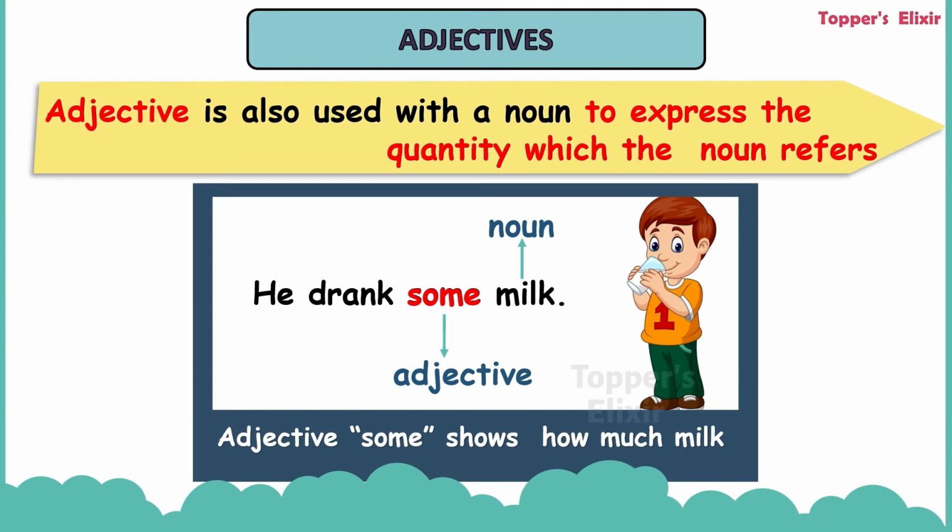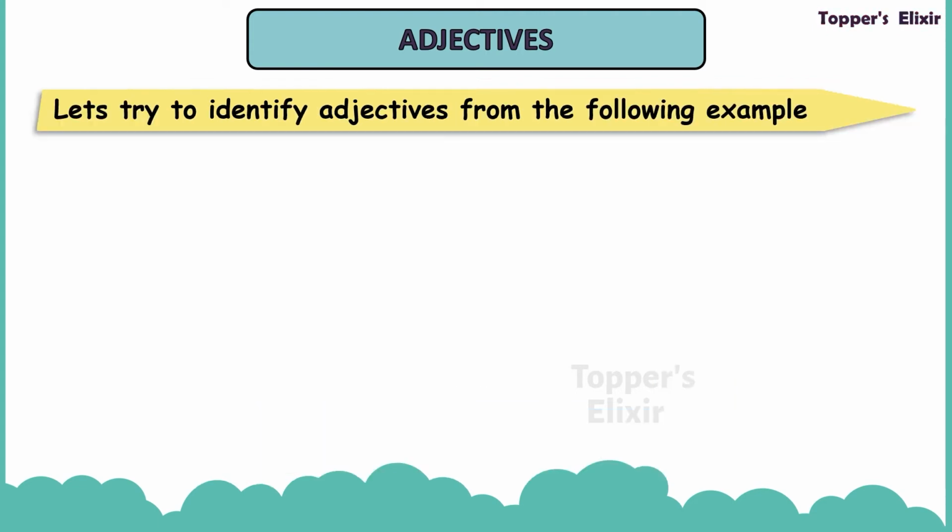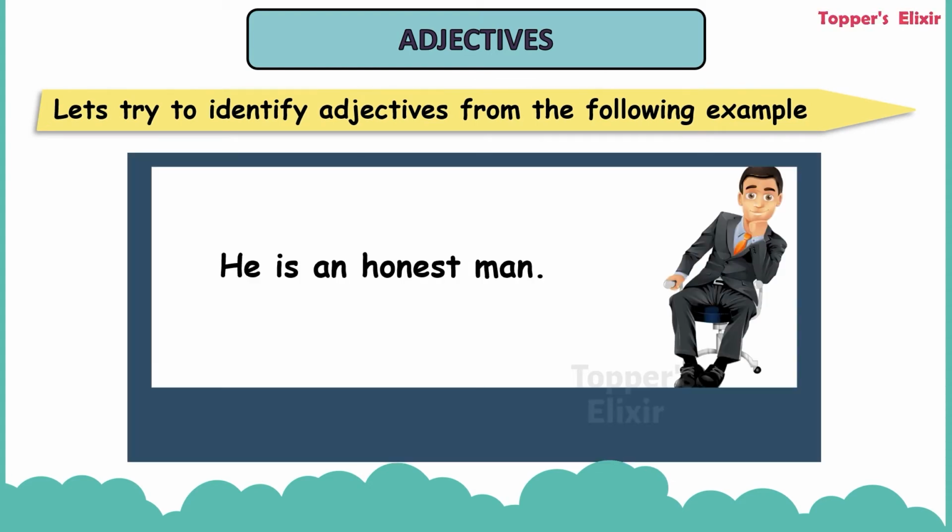Adjectives are important in terms of description and that extra information they provide and how they are used to help us picture the content we read. To know what they add and contribute, let us try a few simple examples and try to identify adjectives. He is an honest man.